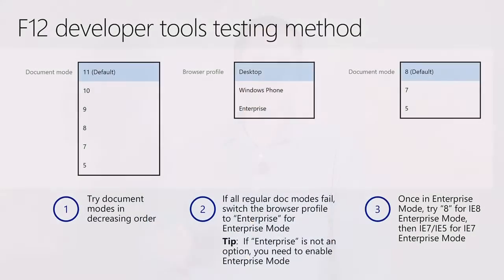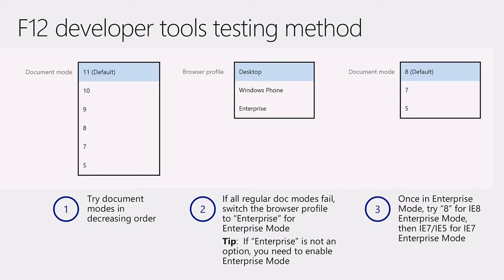I ran SunSpider myself, just out of curiosity, and on my test machine, IE8 ran SunSpider in about 8 seconds. In IE11 enterprise mode, it ran in about 800 milliseconds. And running natively in IE11 document mode, it ran in less than 200 milliseconds. So that gives you an idea of the scale.